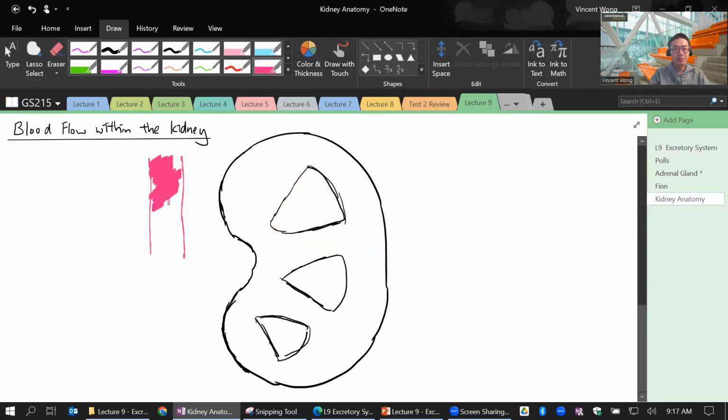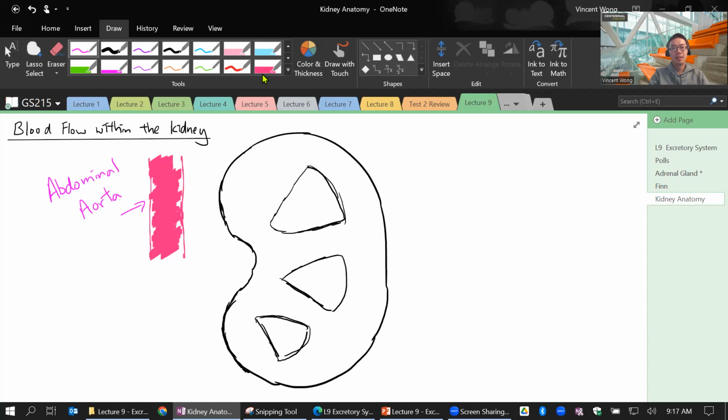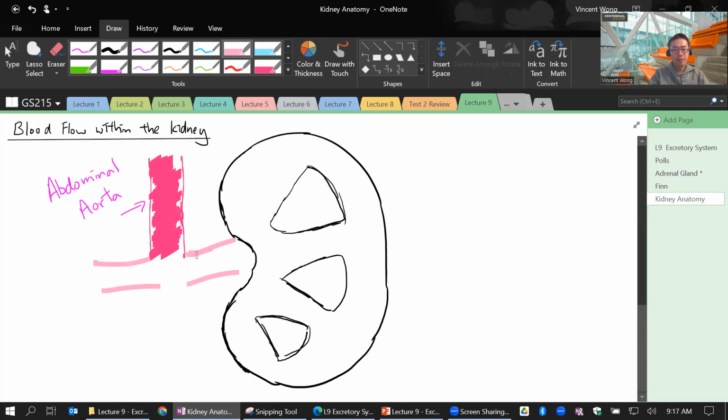That is the abdominal aorta. Nothing new. Same old, same old. There we go. And it's gonna branch into the renal artery. Also nothing new.